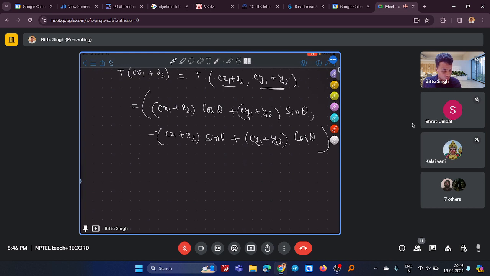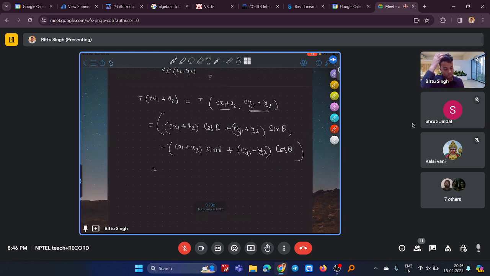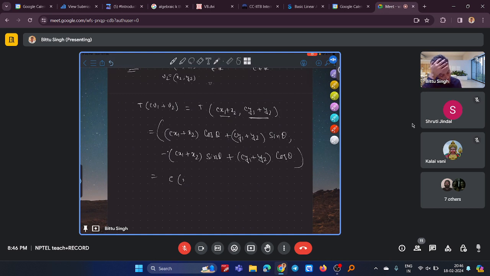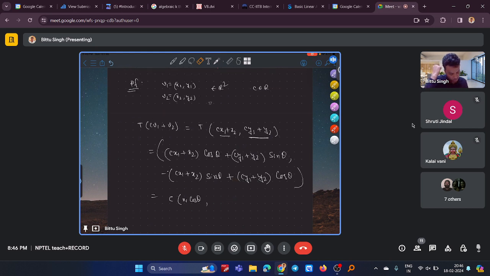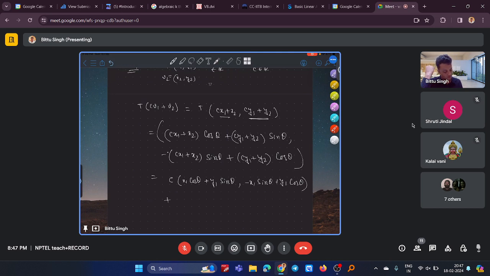This is a tuple. So now if you distribute, this will be nothing but c times x1 cos theta plus y1 sin theta, comma, minus x1 sin theta plus y1 cos theta, plus x2 cos theta plus y2 sin theta, comma, minus x2 sin theta plus y2 cos theta.